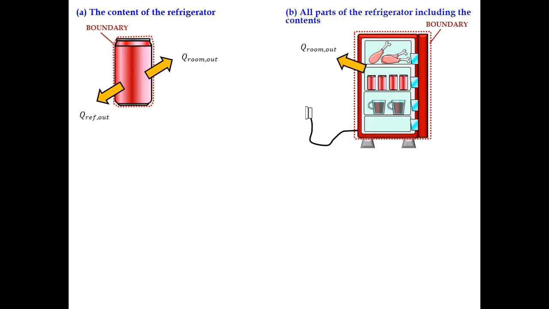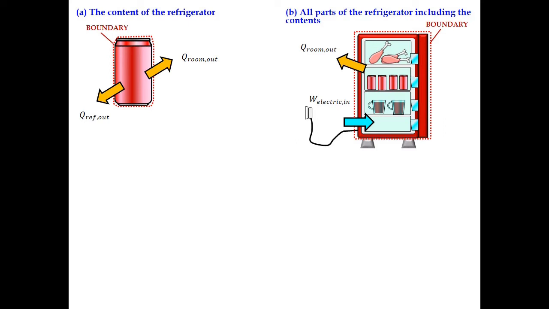Okay, now the heat transfer involved is the heat transfer to the room from the refrigerator. And the other energy transfer is the electrical work from the power supply into the refrigerator, in order to make sure that the refrigerator can be operated, or can be run.